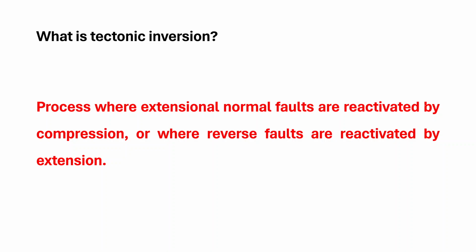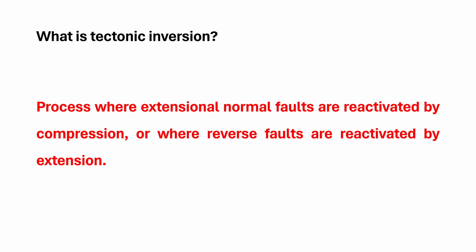Let's say you have a paper, just imagine you pull it from both sides, so it tears down the middle, or anywhere where tension is more. So you are extending it and it is breaking. That is an extensional normal fault. A normal fault is where the hanging wall moves down relative to the foot wall. That happens when you extend from either side of the blocks.